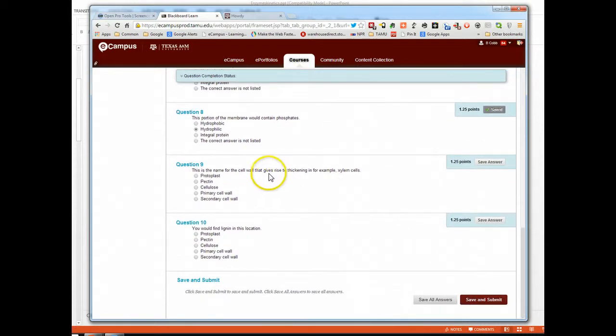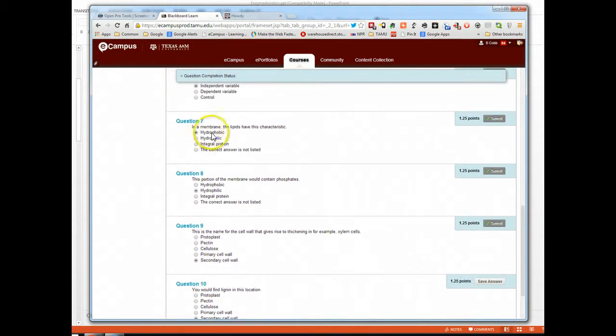Cell wall that gives rise to thickening, of course, is the secondary cell wall. You would find lignin in where? The secondary cell wall. Now, in a question like that, where you said that you would put both, that's a question you definitely could argue with me about.